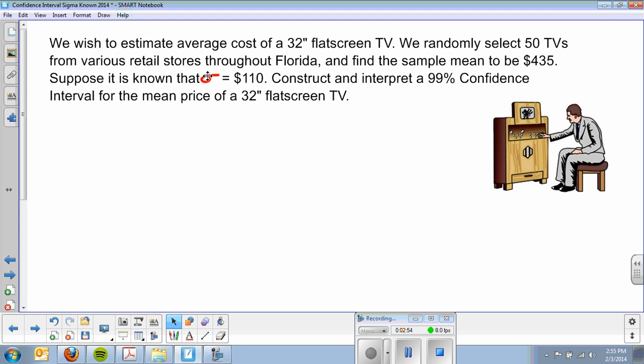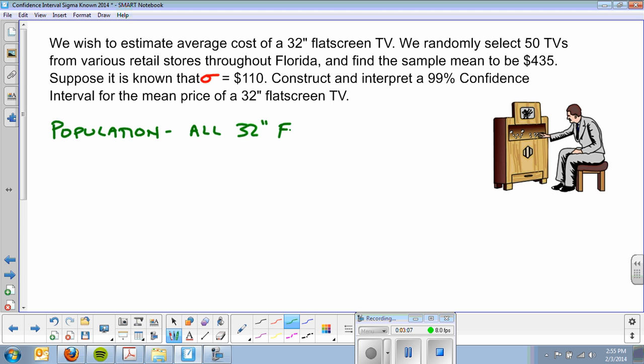Okay, so very similar to the proportion problem, we walk through the beginning. We want to identify the population, which is all 32-inch flat screen TVs. The parameter of interest, what we are trying to estimate, is the average cost of a 32-inch TV.